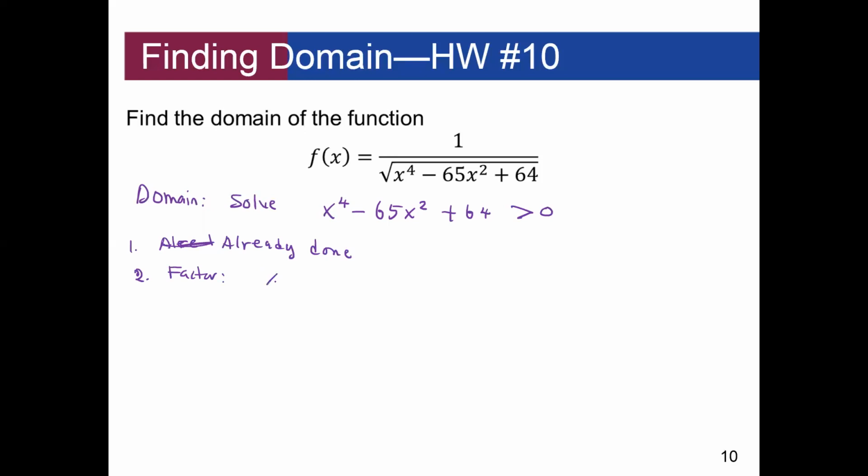That's where we have some work to do. So we pick x to the 4th minus 65x to the 2nd plus 64. We want to factor this.